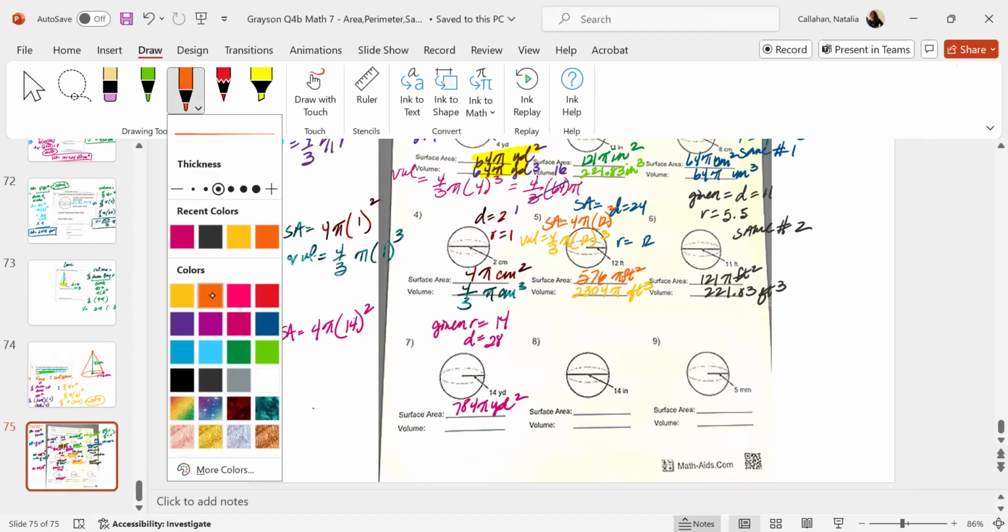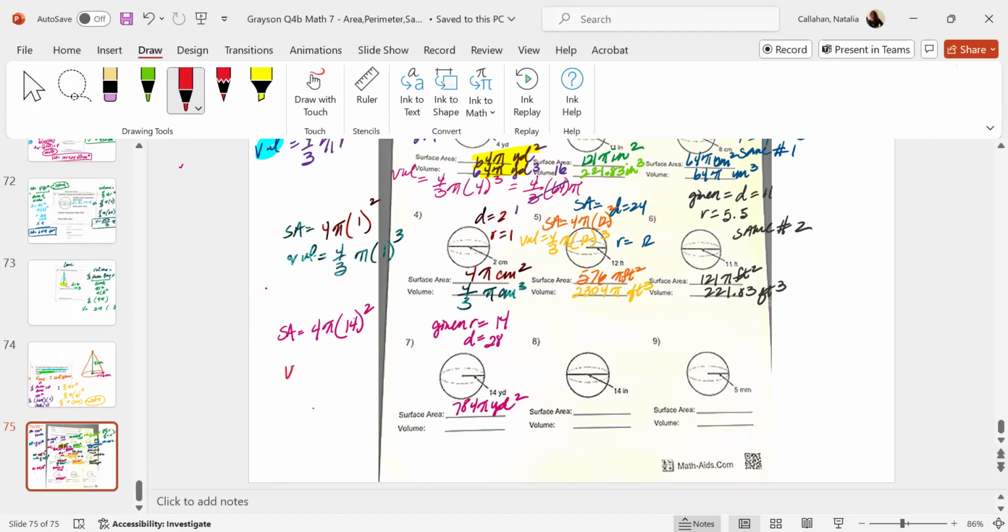Now, to find the volume, that's 4/3 pi r cubed. Your radius is 14. I don't want you to just copy this down. I want you to actually do it. You understand?